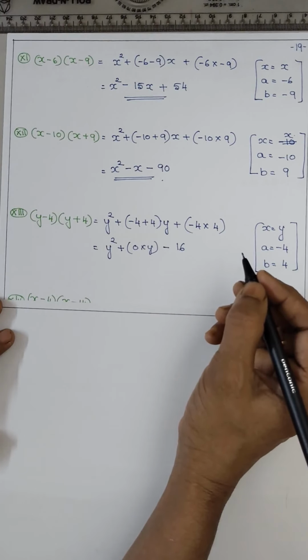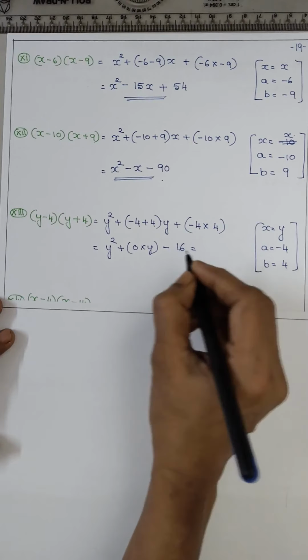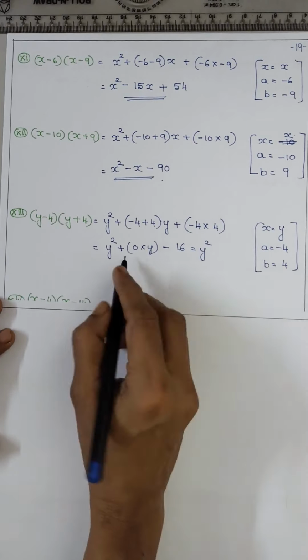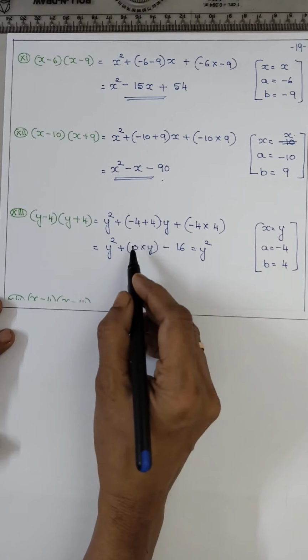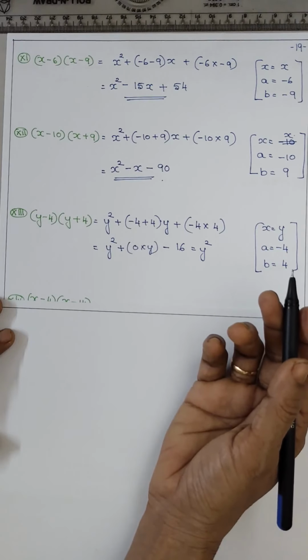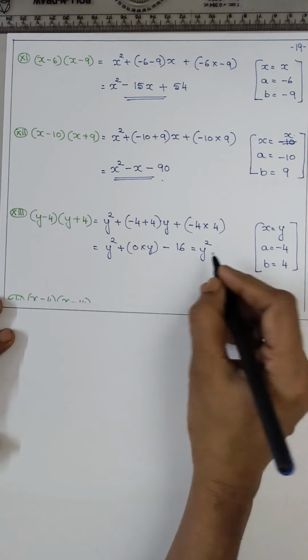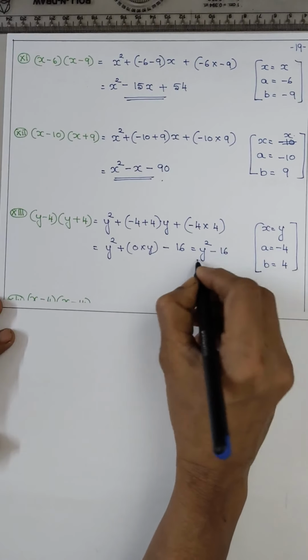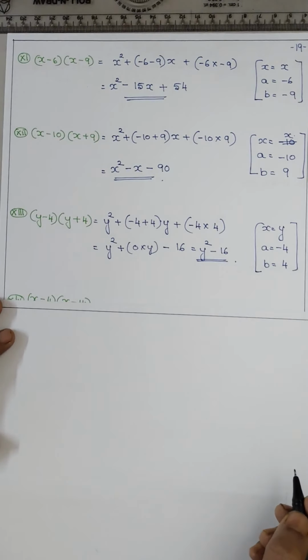So you got the answer here, y squared, this is 0 into y, it will be 0, isn't it, minus 16. So you will be getting the answer y squared minus 16.